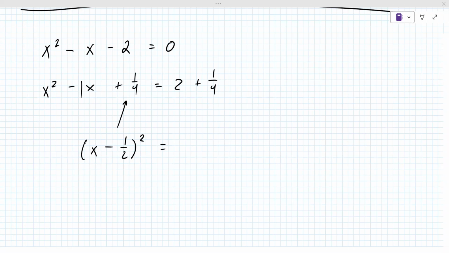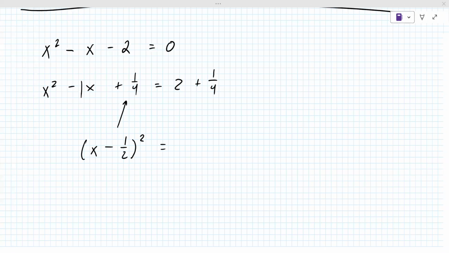Okay. Minus 1/2 squared equals 2 1/4. The square root of 2.25 is what? It is a nice number. Your calculator will do it, I guess, as well.